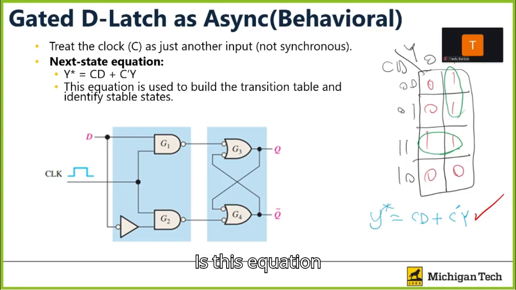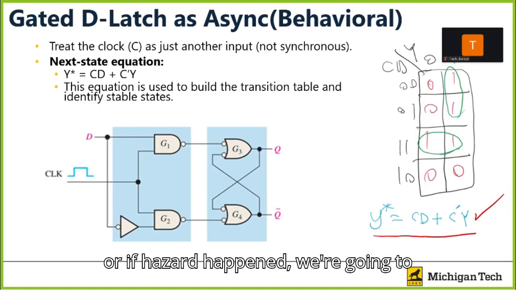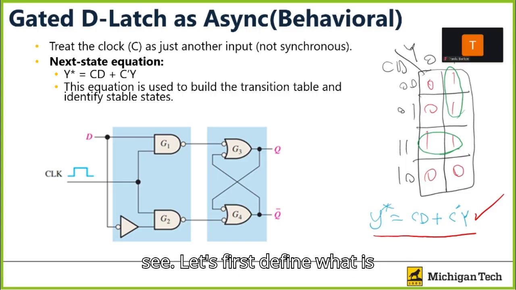Is there actually a glitch, or a hazard, happening in this equation? We're going to see. Let's first define what a hazard is. This equation is what we had before.